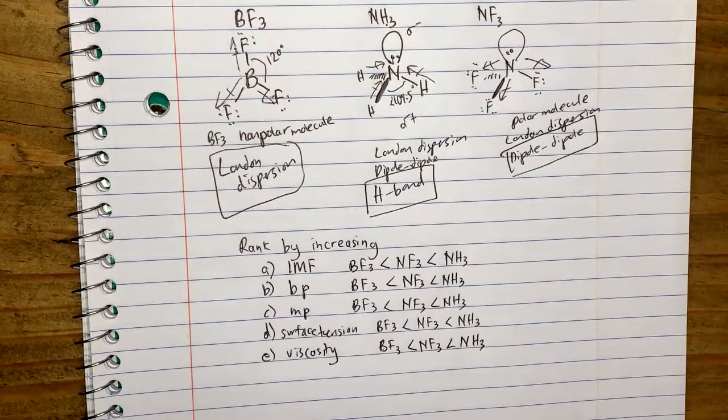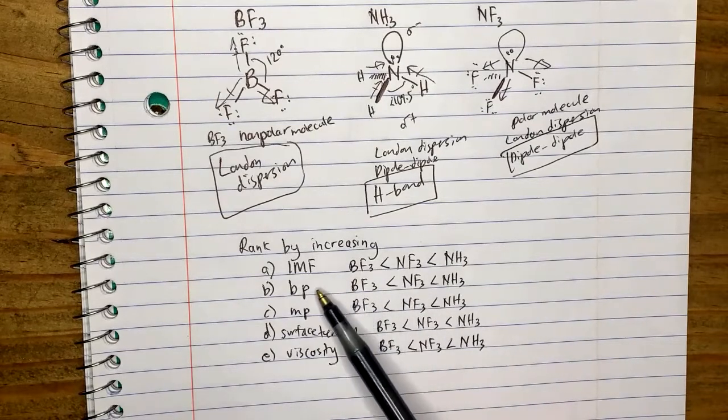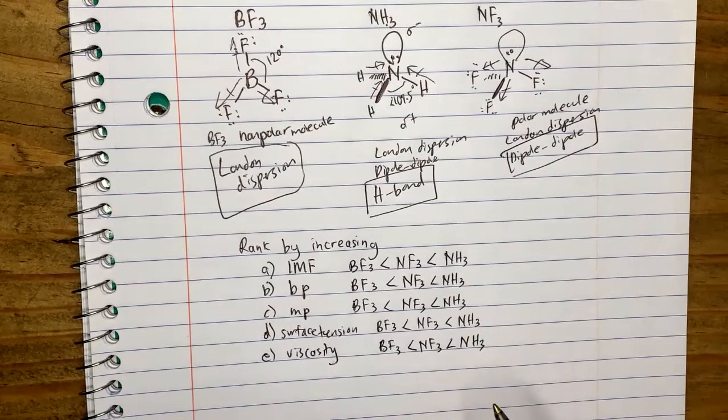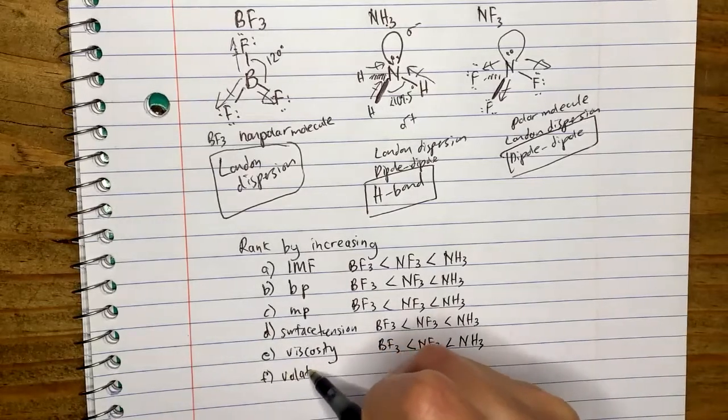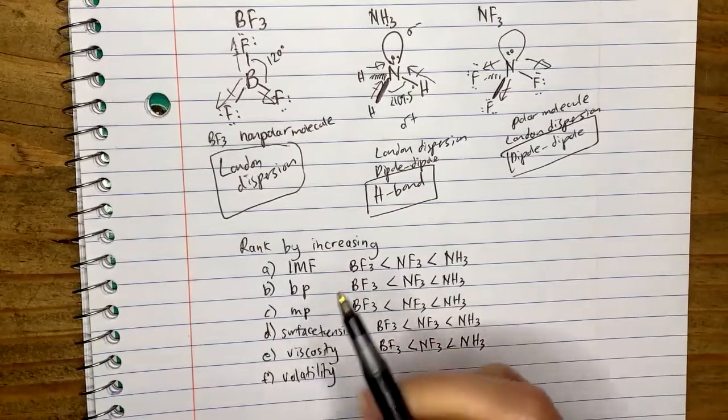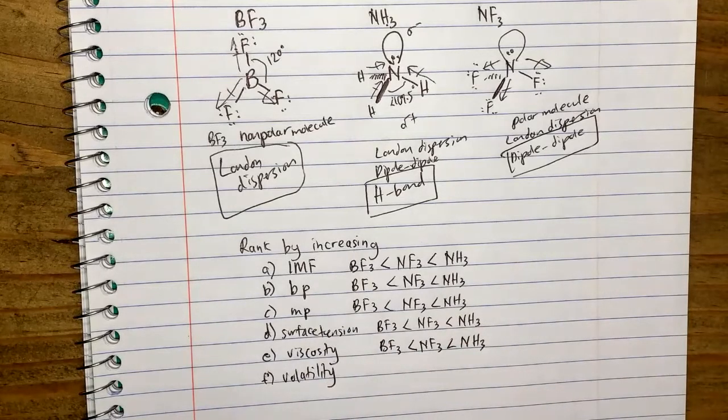Okay, so now these are the ones that we covered: melting point, boiling point, surface tension, viscosity. Let's talk about volatility now, okay? Volatility is basically: the higher the intermolecular force, the less volatile it will be.